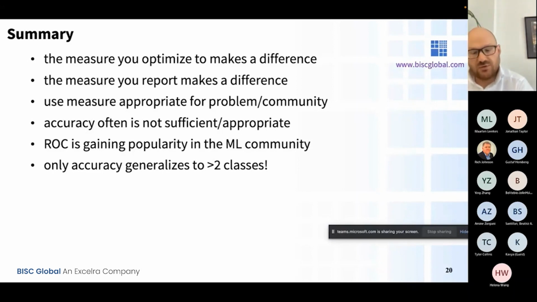And obviously we can generalize it to more classes, because we talked about true positive, false negative, true negative, false positive. We talked about this in the concept of the 2x2 confusion matrix, but it can also be generalized to more classes, because most problems will be multi-categorical classification.